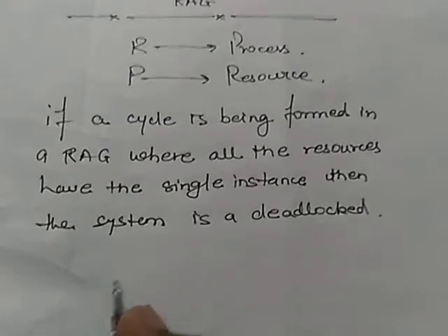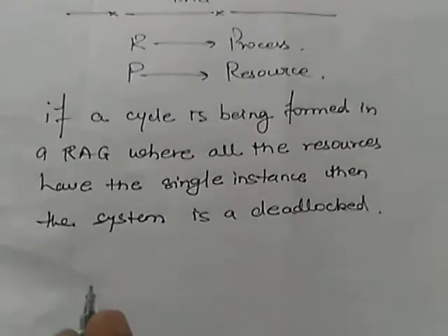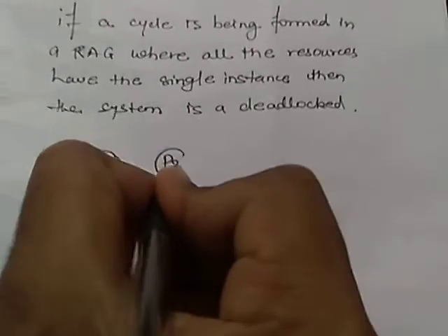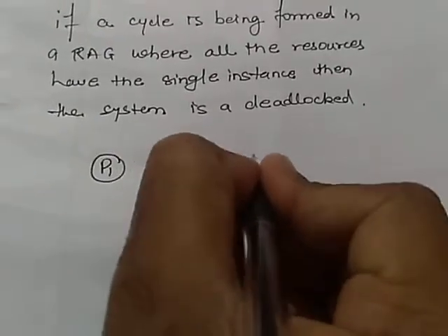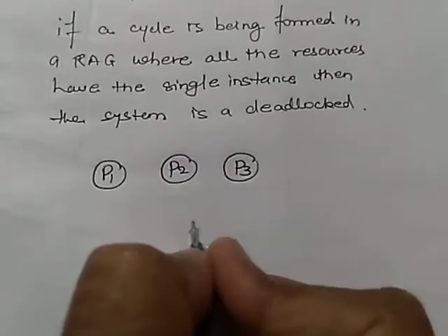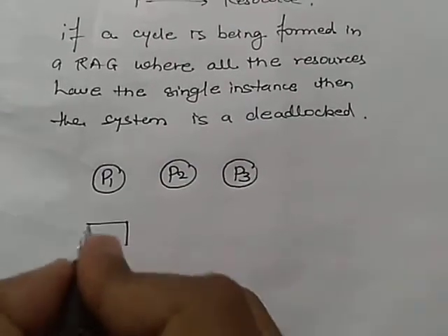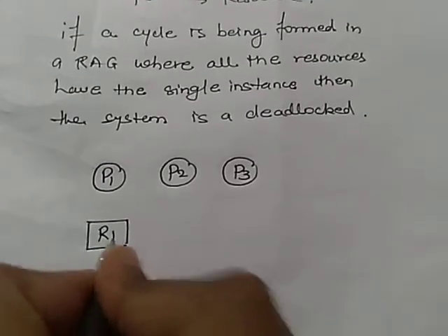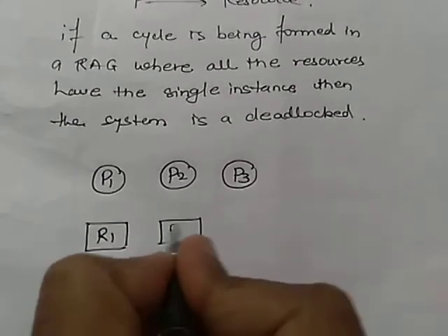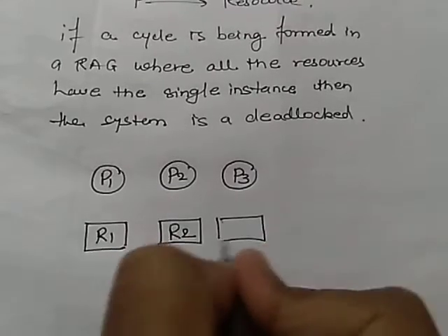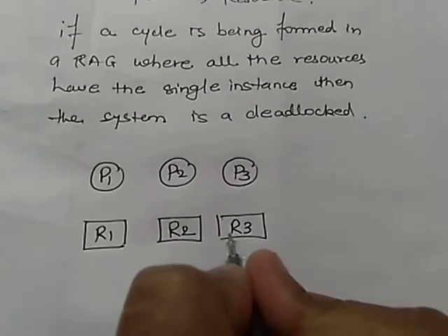Now let us take an example where we have three processes, that is P1, P2 and P3, and we have three resources R1, R2 and R3.